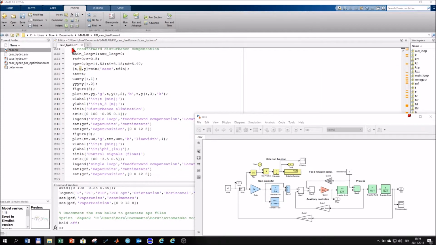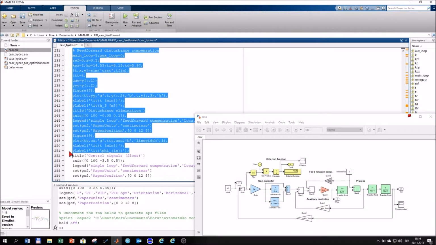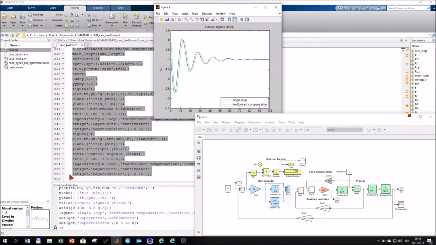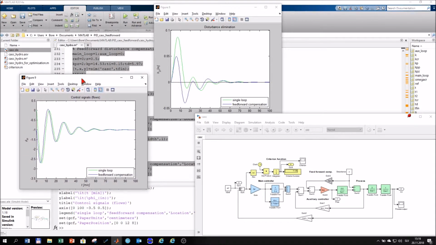Now I will select this part of the program. I press F9, and I obtain two windows with results. In this window, there is the output of the process.